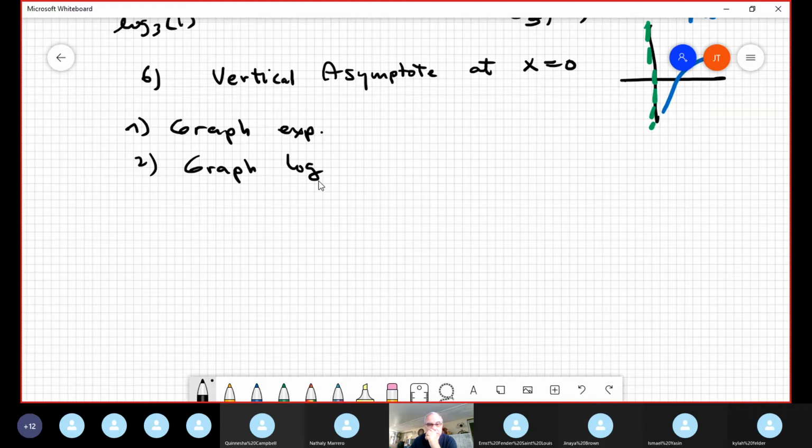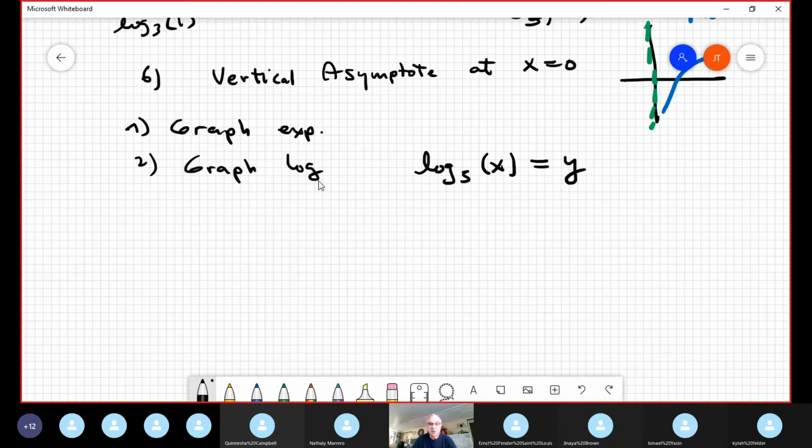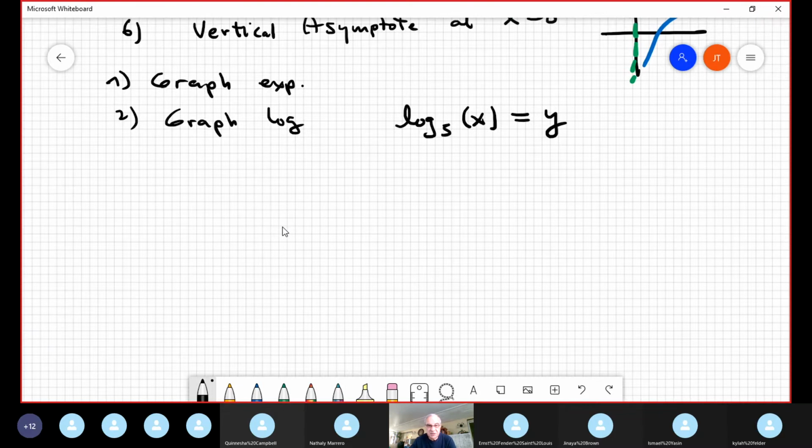Suppose in the test I put something like this: do the graph of the logarithm base 5 of x. Okay, professor, I understand the graph by hand is without decimals. We have 3 points. The universal one, (1,0).